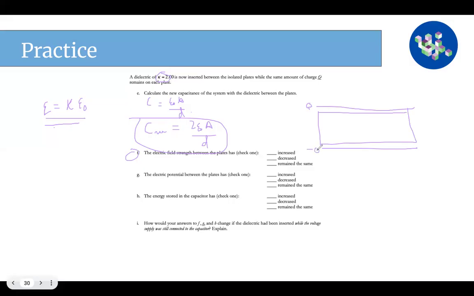Now, the dielectric is an insulator. So what that means is that charges in the dielectric are not free to move, but for example, in an insulator, I have negative and positive charge. They're coupled together, so they're not free to move, but the two charges are able to rotate.